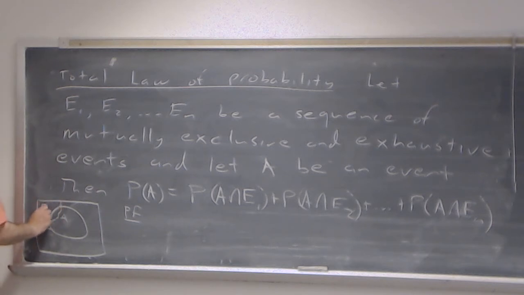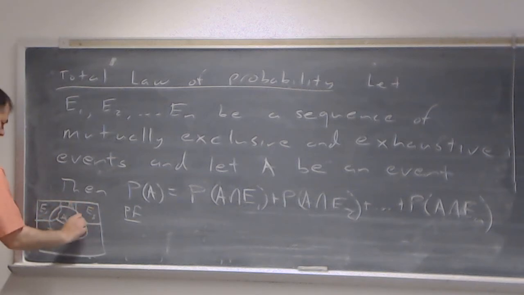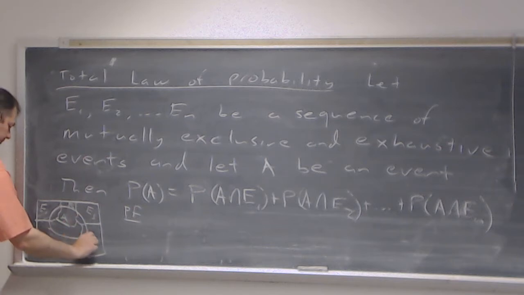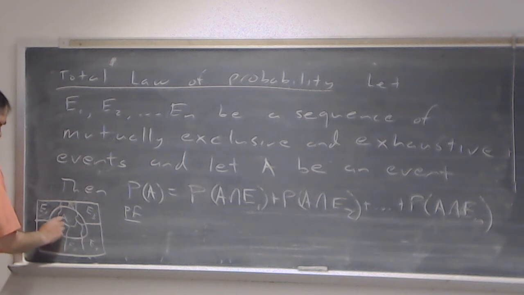Maybe this is E1, this is E2, this is E3, then E4, and then E5. And we keep going, and we'll say this is En.